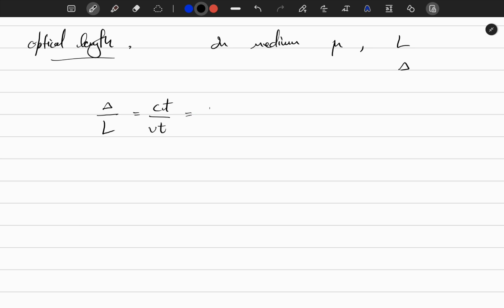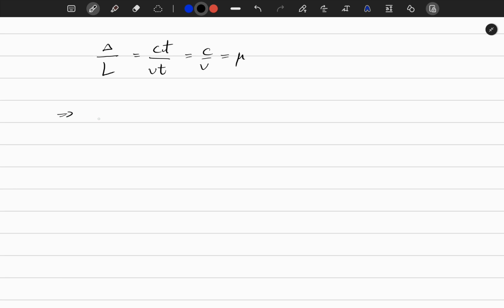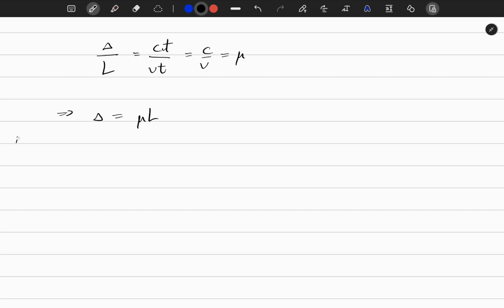So delta by L is equal to c by v, and c by v is nothing but the refractive index.